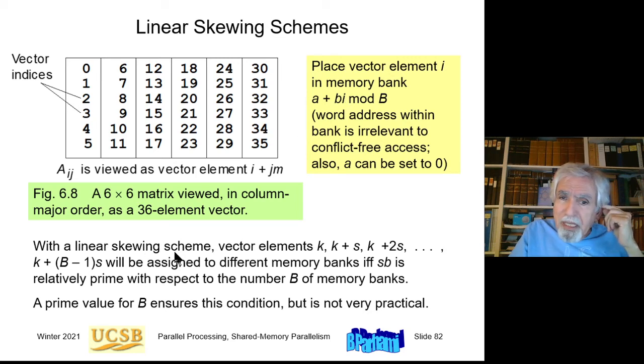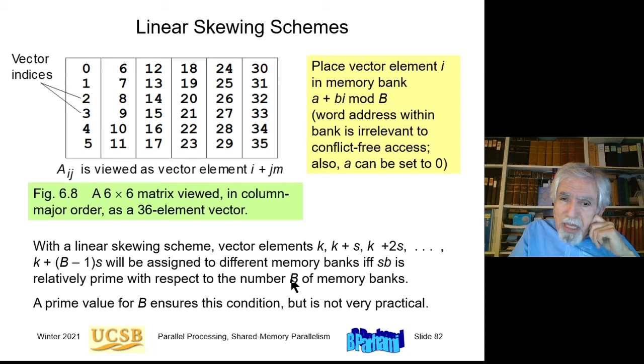In a linear skewing scheme, vector elements k, k plus s, k plus 2s, so this is stride s, will be assigned to different memory banks if and only if s times b, this constant that we used, is relatively prime with respect to the number b of memory banks.